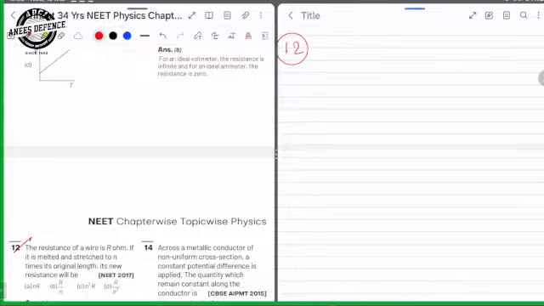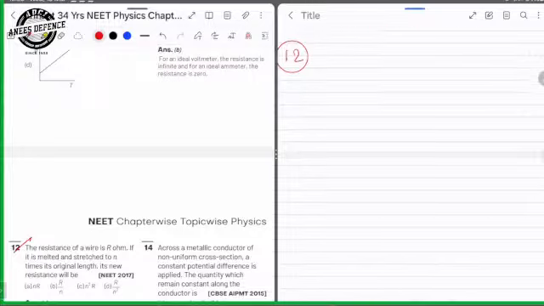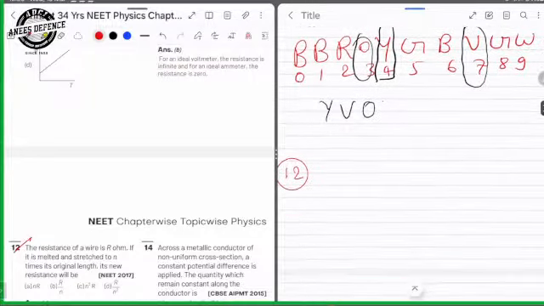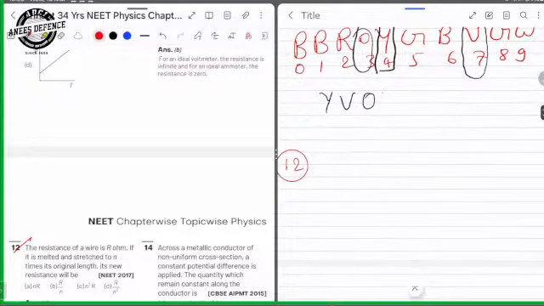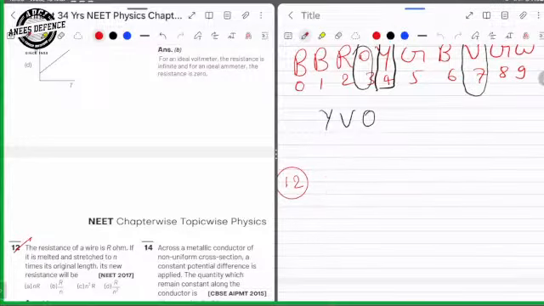12. The resistance of a wire is R ohm. Resistance is given. How much? R ohm. If it is melted and stretched to n times its original length. Initially, length is L1 and now L2 is what?